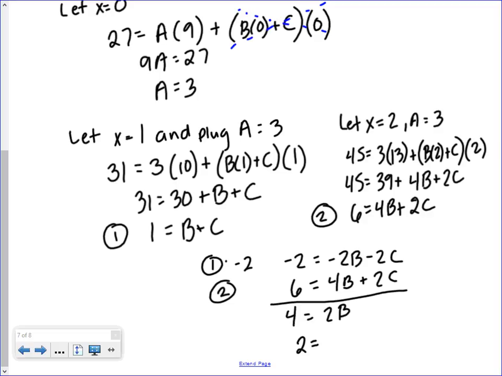So I find out b is 2. And then I could sub that back into the first equation. 1 equals 2 plus c. So c equals negative 1. And now I have A, B, and C. So I'm ready to plug those in.